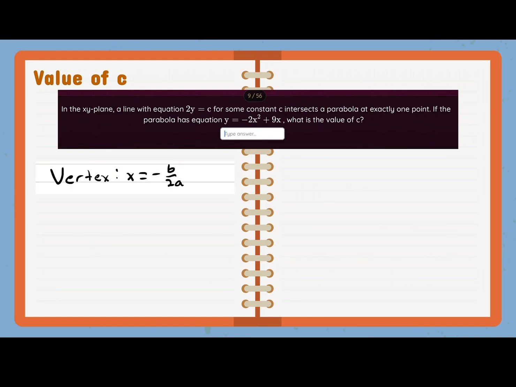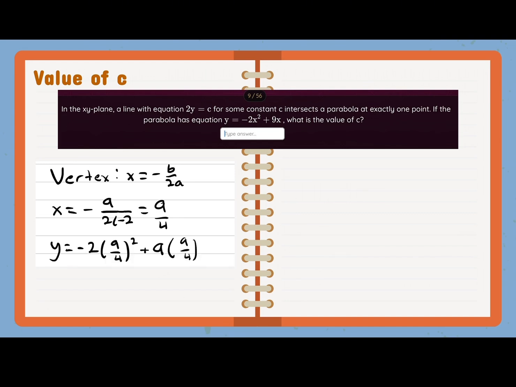So we need the vertex formula, which is x equals negative b over 2a. X equals, just by plugging it in, oh, I forgot the second parentheses there. But we have negative 9 over 2 times negative 2, and that will be 9 over 4. We'll plug that value of x back into the parabola.